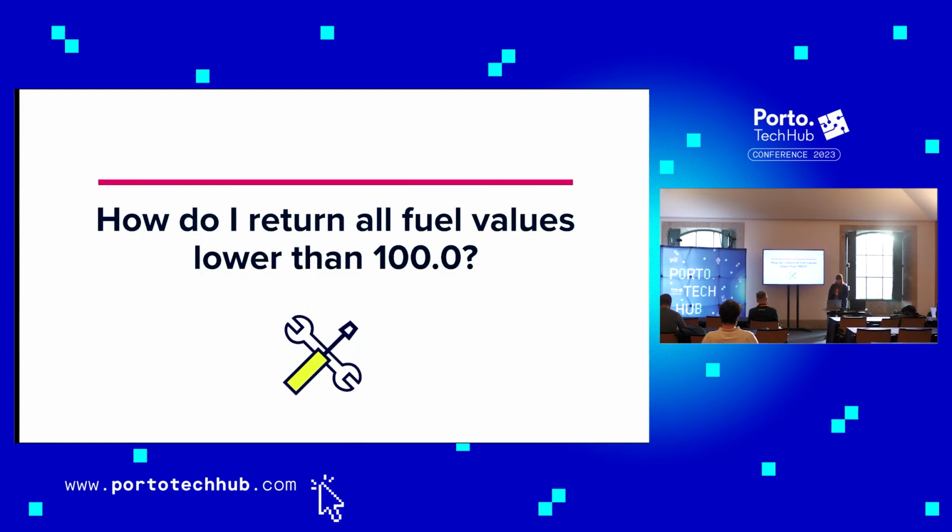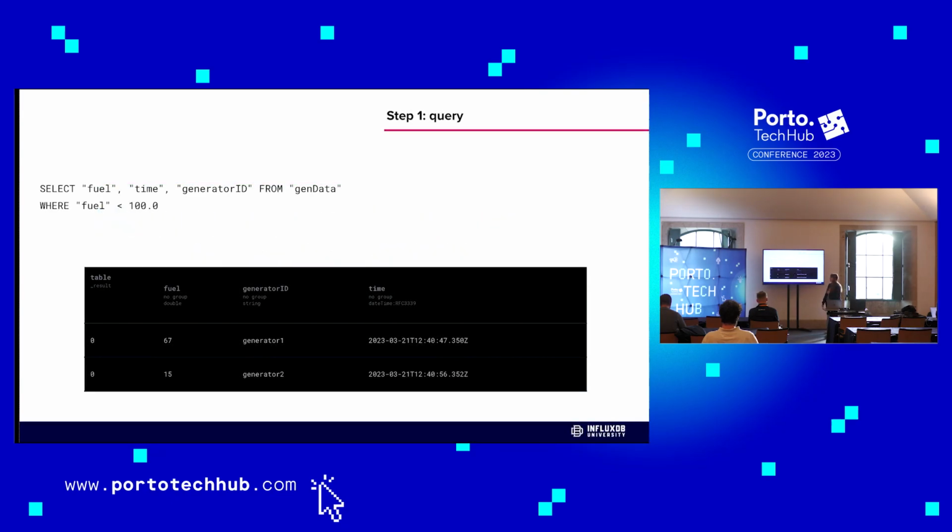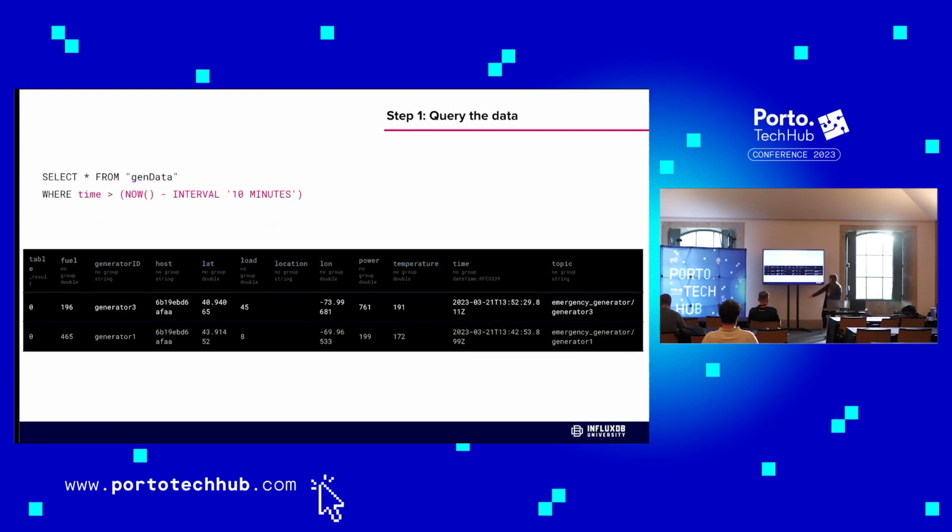So how do I return all the fuel values lower than 100? A very similar concept here. Again, something we just used for our alerting. We want to select the fuel and the time and the generator ID from gen data where the fuel is less than 100. What we're doing here is selecting these three because they're the most important pieces. There are other pieces, like if we go two slides back, you can see we've got power and latitude and longitude.